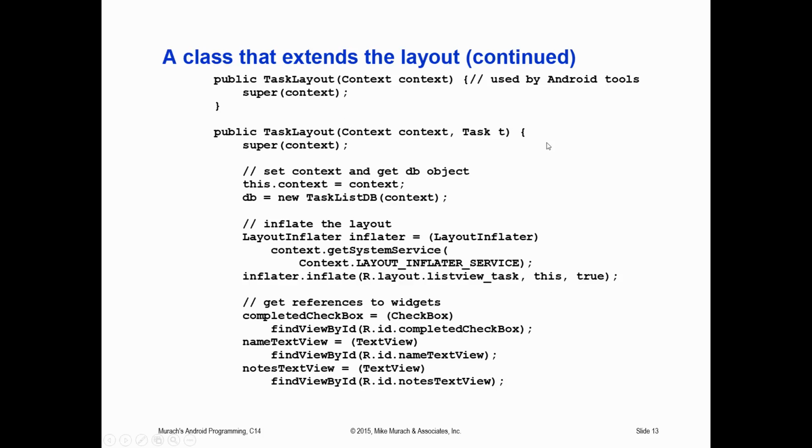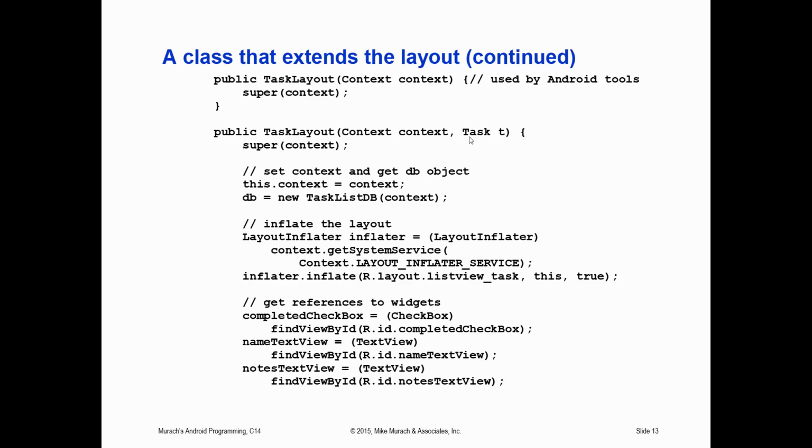The second constructor, as you can see, has two parameters, a context object and a task object. The first statement passes the context object to the constructor of the superclass, and then the next couple statements set the context for the current object and create a task list DB object.